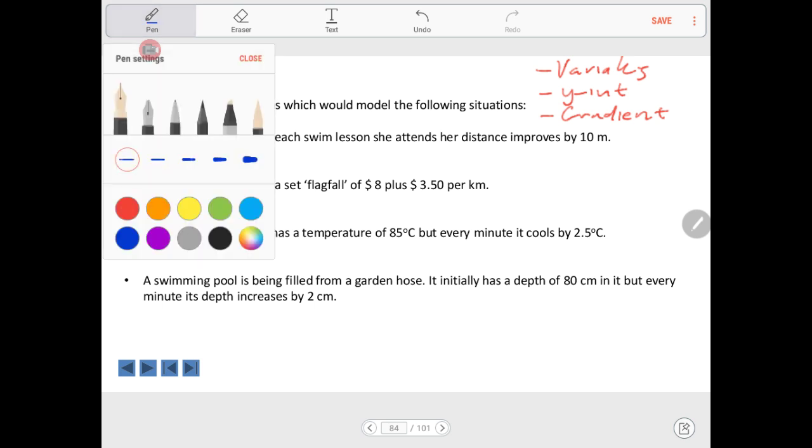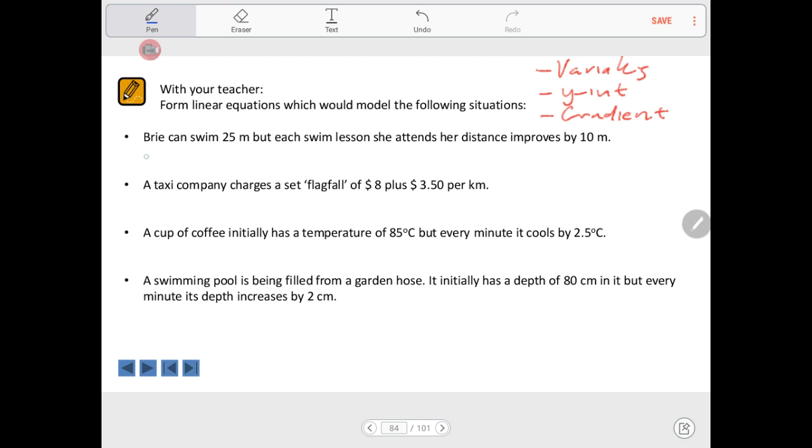Well, we've got the distance that Bree can swim, and I'll just call this D for distance, and we've got the number of lessons. And I'll give that the letter L for lessons.